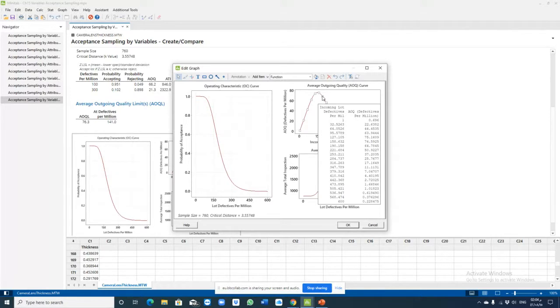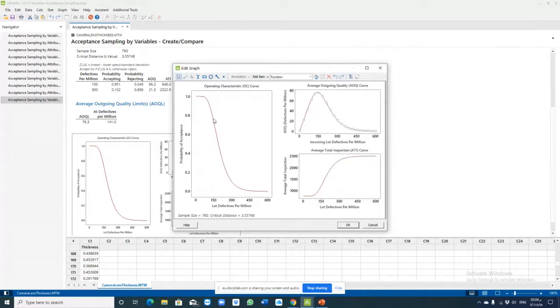When you have 64 defective per million in the lot, the average outgoing quality, that means that will be processed after the inspection, it will be 44 defective per million. That is the average quality outgoing after the inspection.